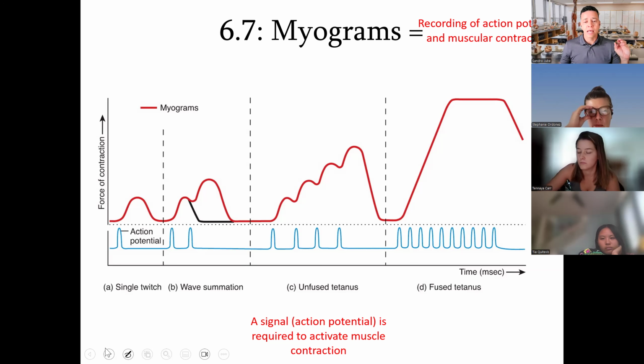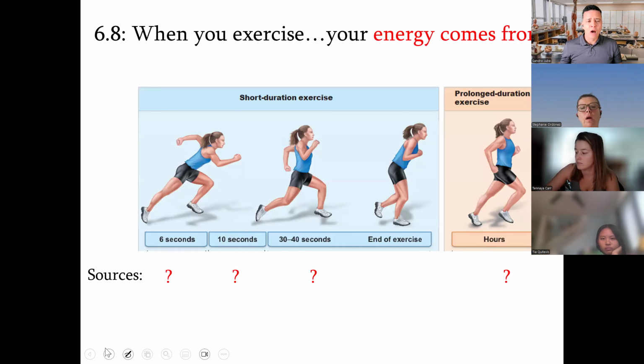Action potential happens first, then muscle contraction is going to take place. That is the only thing that you need to get from this slide right here. Now, I will absolutely ask you questions about this in our next exam. Guys, I'm going to use the same figure that we have right here on the screen right now.